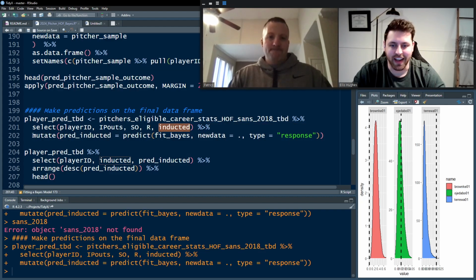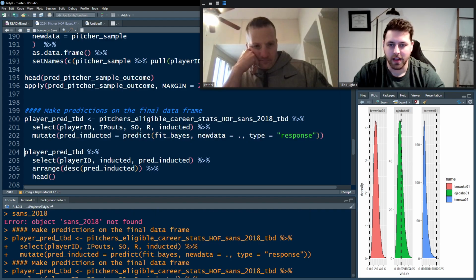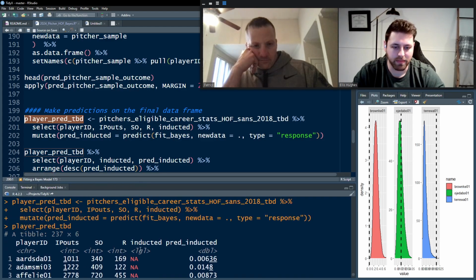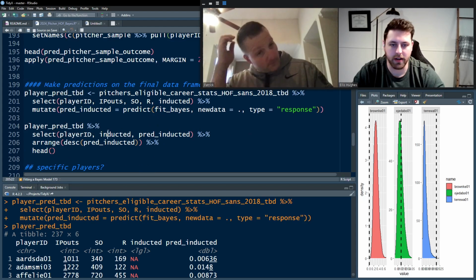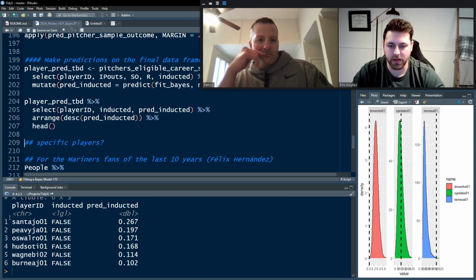Falses, sorry. Yeah. So then we mutate again on predict, fit Bayes, pass in our data set and say type is response again. So we generate our player pred TBD data set here. They are NAs in inducted. Then we take player ID, whether inducted or not, and then pred inducted, arranging by the predictions and taking the head of those.